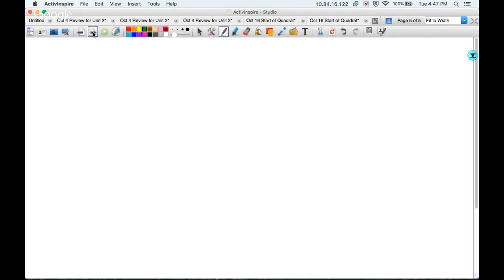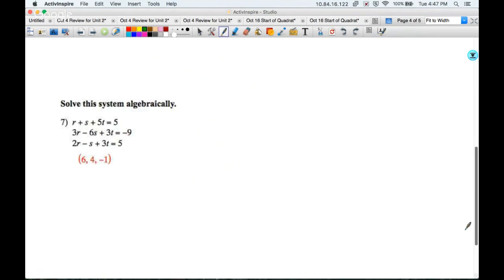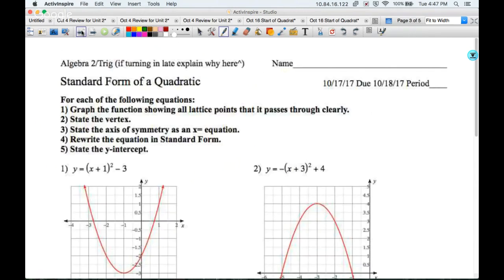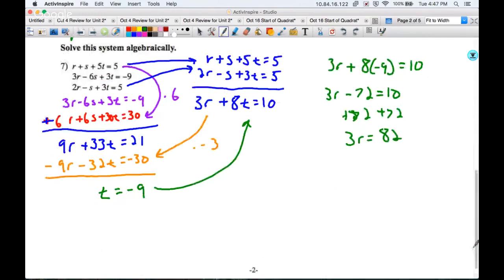Let's take a look at what we're supposed to get here. 6, 4, negative 1. All right, let's just see. When you run into an issue, it's a good idea to just double check all of your steps.